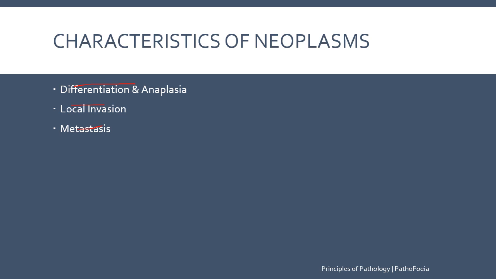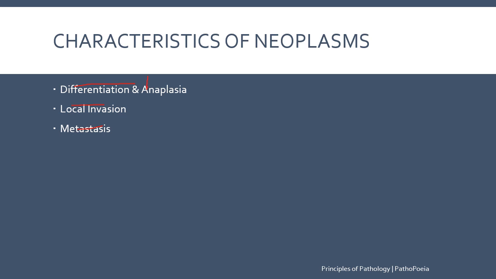Differentiation represents the extent to which the neoplastic parenchymal cells resemble the normal parenchymal cells both morphologically and functionally, while anaplasia represents lack of differentiation. We can think of anaplasia as lack of differentiation.